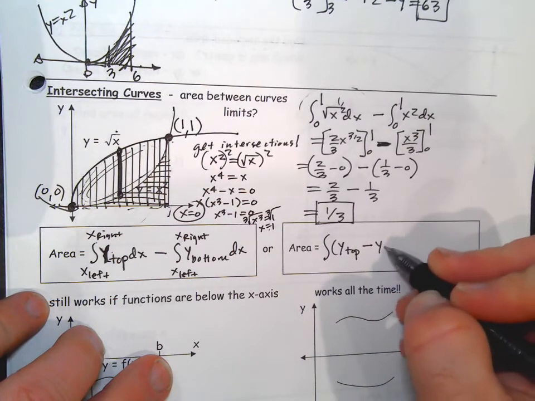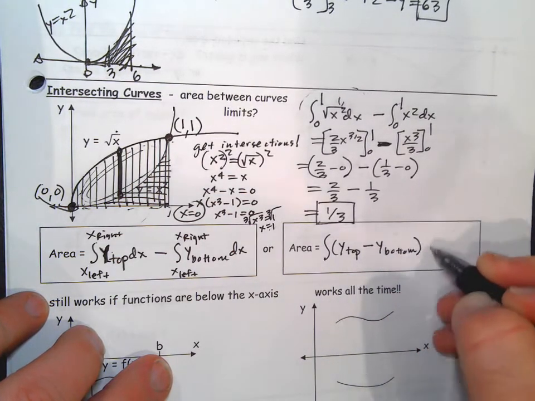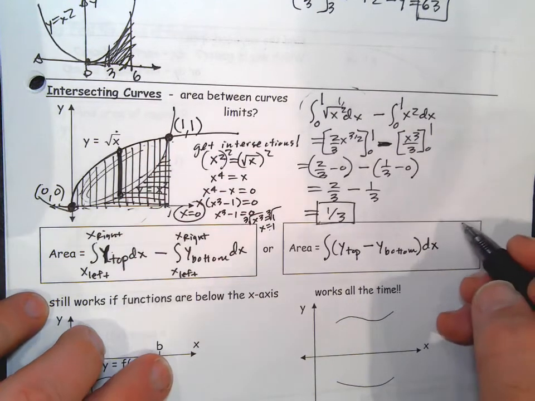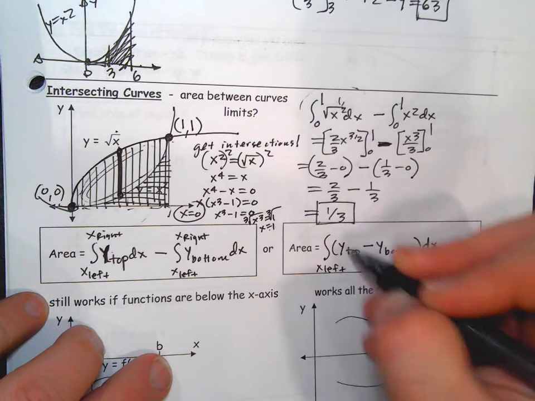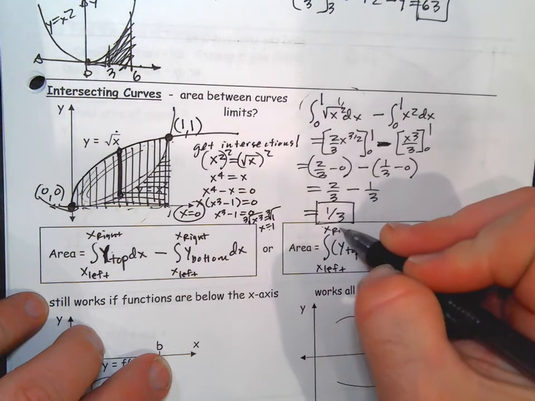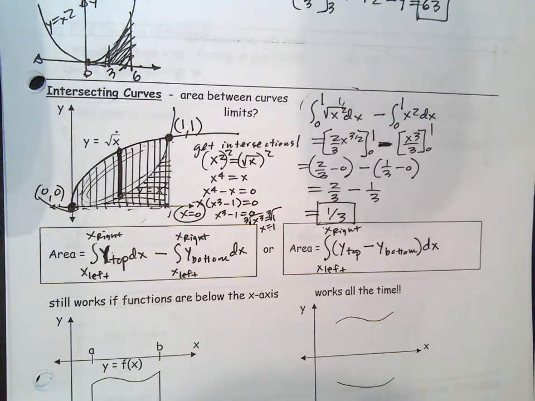You do y top minus y bottom inside a single integral to get the height of a single slice of the in-between area. The work is about the same by hand. And by the way, properties of definite integrals say that you can do that too, so either way you want to do it.